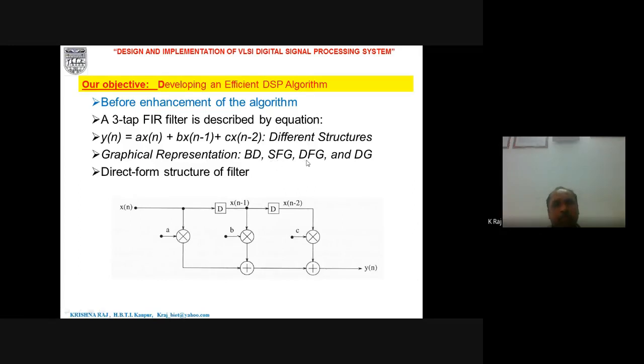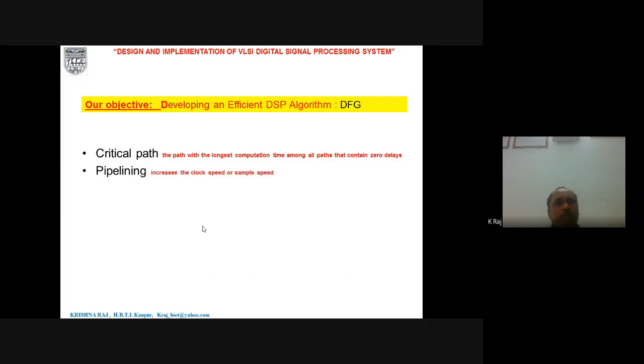Data flow graph describes one iteration of any algorithm, and dependence graph describes the total algorithm. And since we have derived this algorithm directly from the given equation, it is also known as the direct form structure of the system.